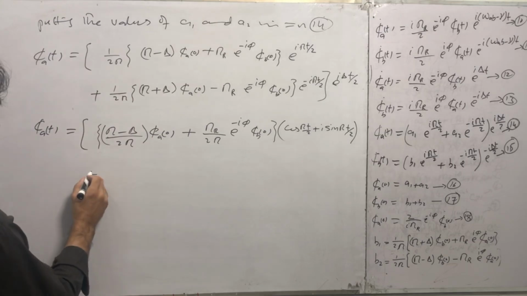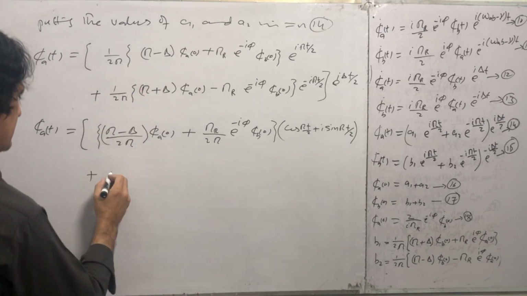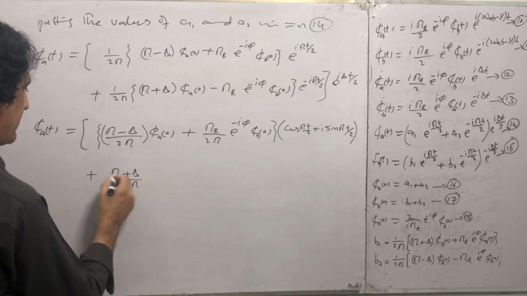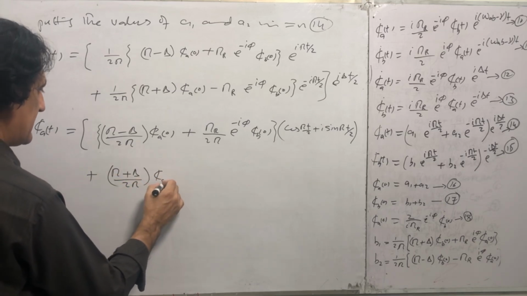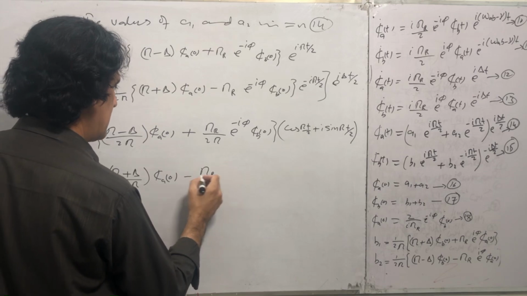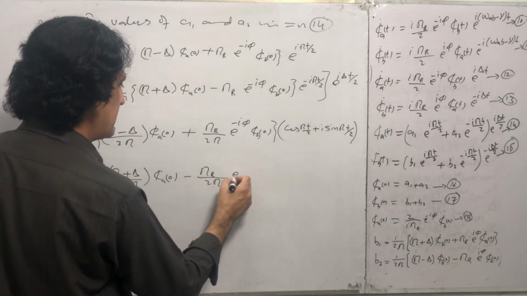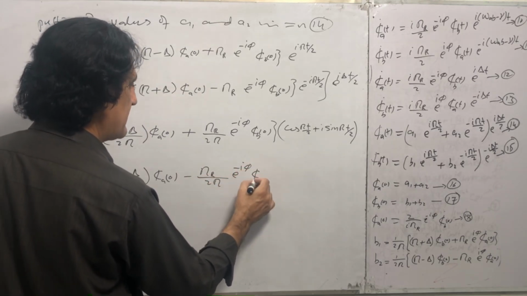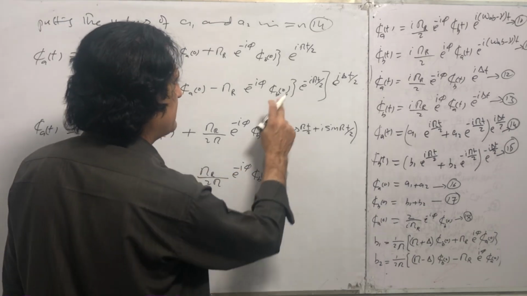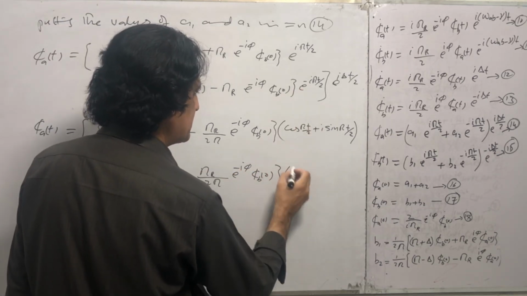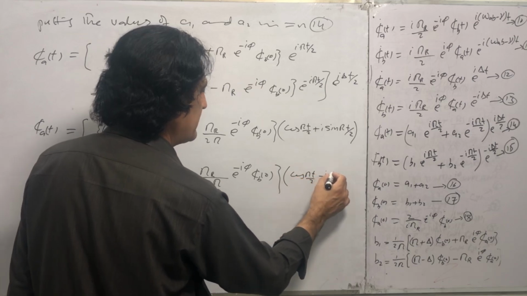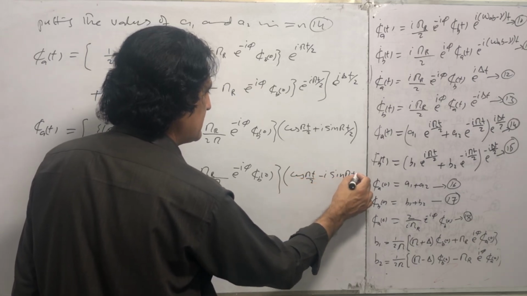And similarly plus this, omega plus delta divided by 2 omega and Ca of 0 and this minus omega r divided by 2 omega e to the power minus iota phi Cb of 0, and also this term, cosine of omega t divided by 2 minus iota sine omega t divided by 2.